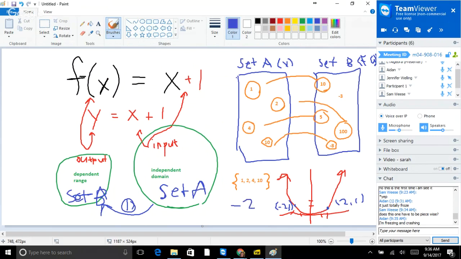Negative 2 of set A and positive 2 of set A would both match to 1 in set B. So it's okay if more than one element of your domain matches to the same element of your range.